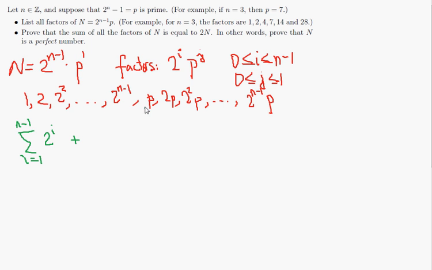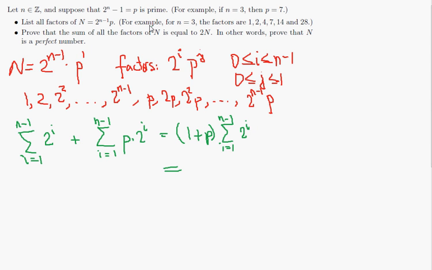And we also have, for these terms, the sum from i equals 1 to n minus 1 of p times 2 to the i. So clearly I can factor out 1 plus p times the sum of i equals 1 to n minus 1 of 2 to the i.